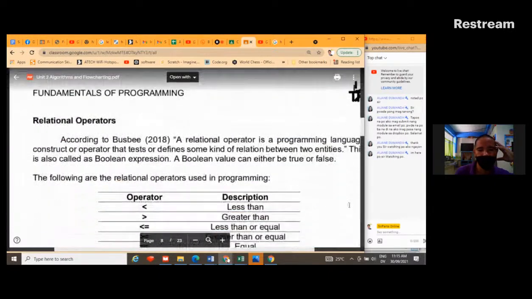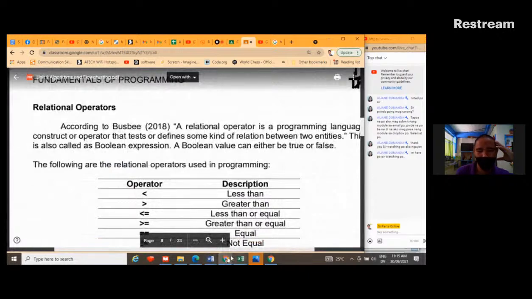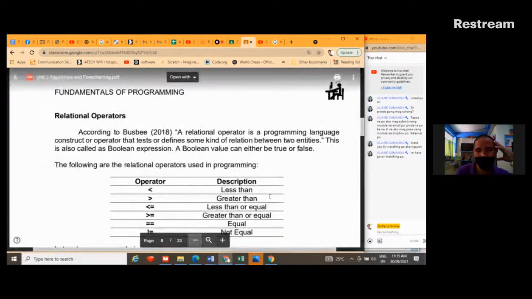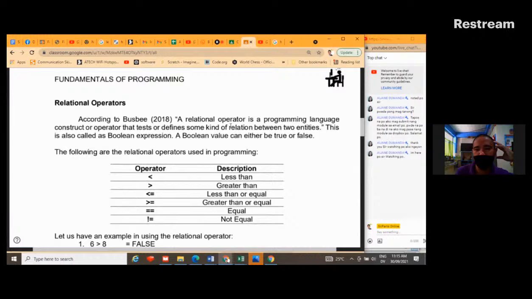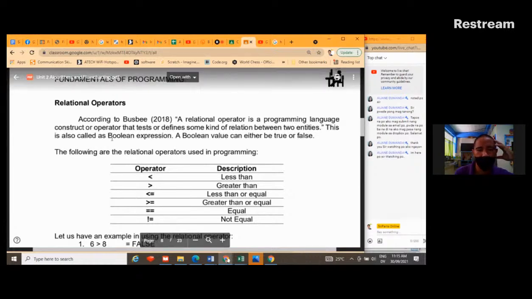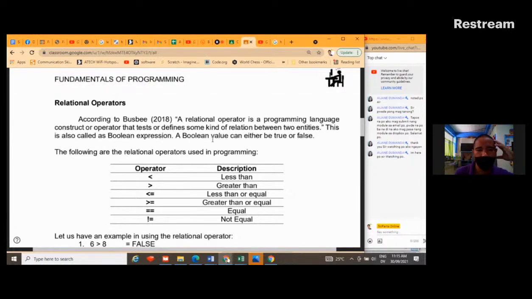Okay, then next we have the relational operators. According to Busby 2018, a relational operator is a programming language construct or operator that tests or defines some kind of relation between two entities. This is also called a Boolean expression.